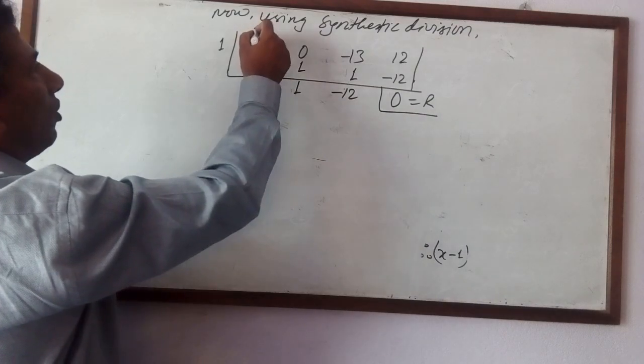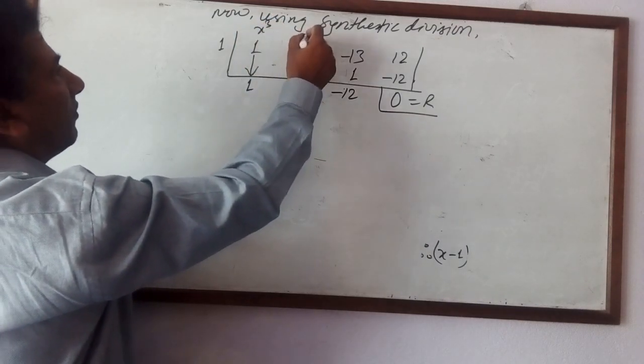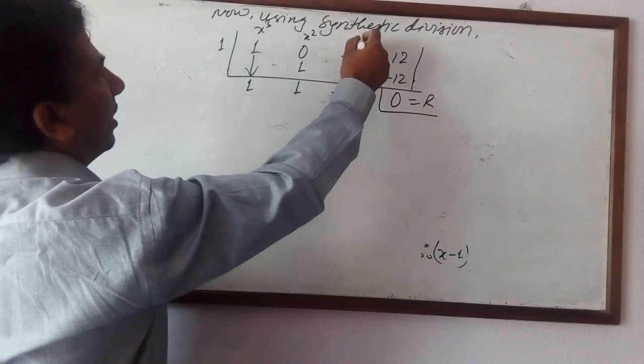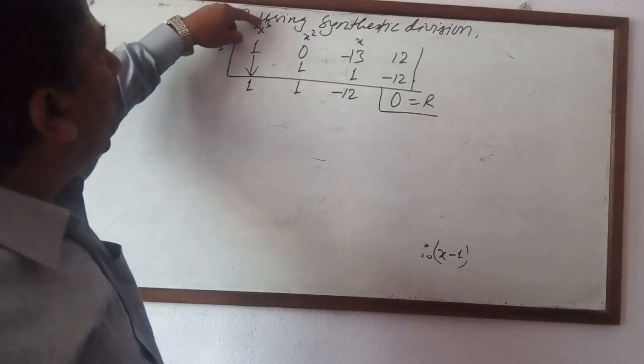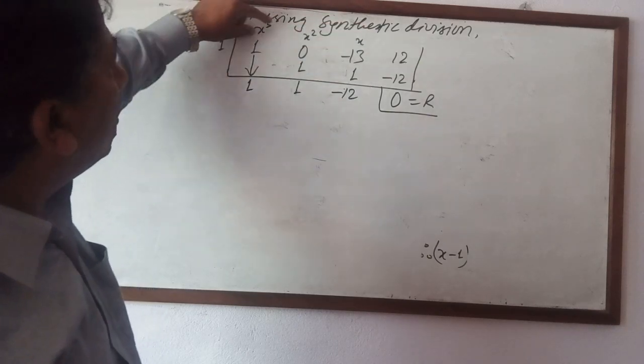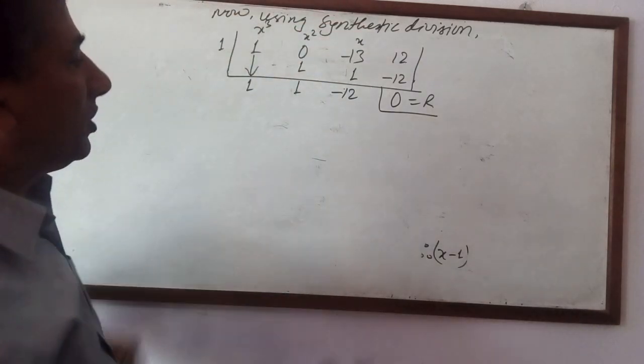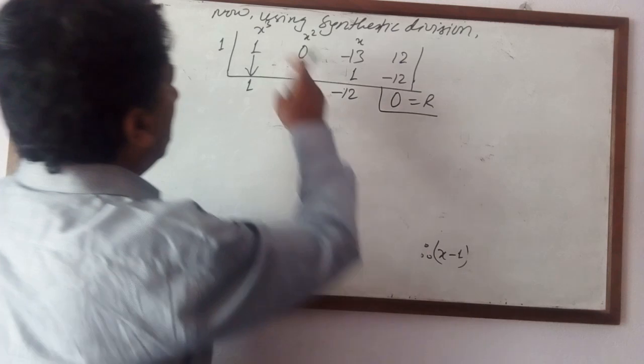Now this one is the quotient. This one is the coefficient of x power 3, this of x square, this of x power 1, and this is x power 0, the constant term. Now reduce the power by 1, because our divisor degree is 1.